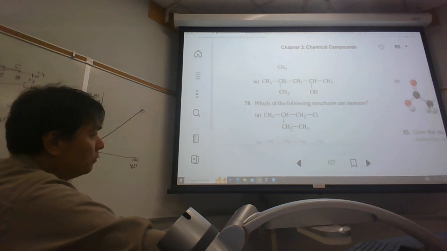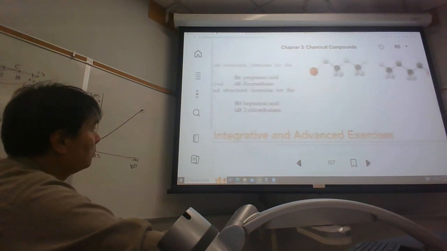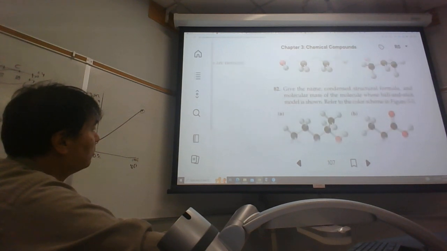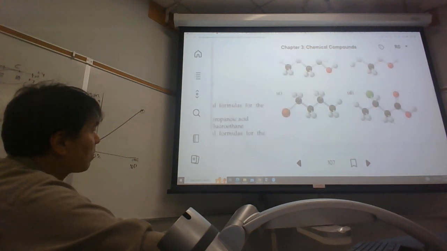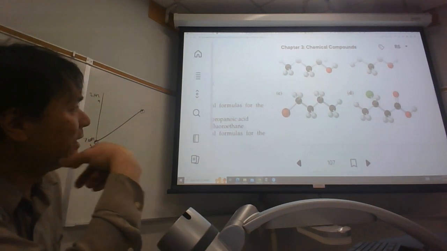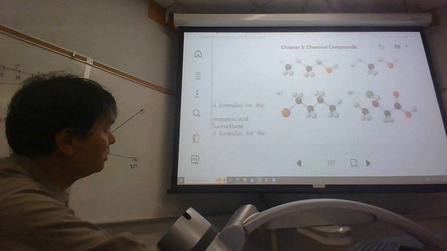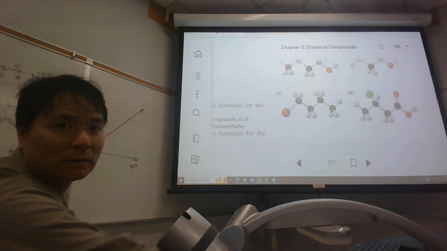I think it was number 82C. We have this one. Usually red is oxygen. This kind of brown one, do you know what element that is? Bromine, yeah.